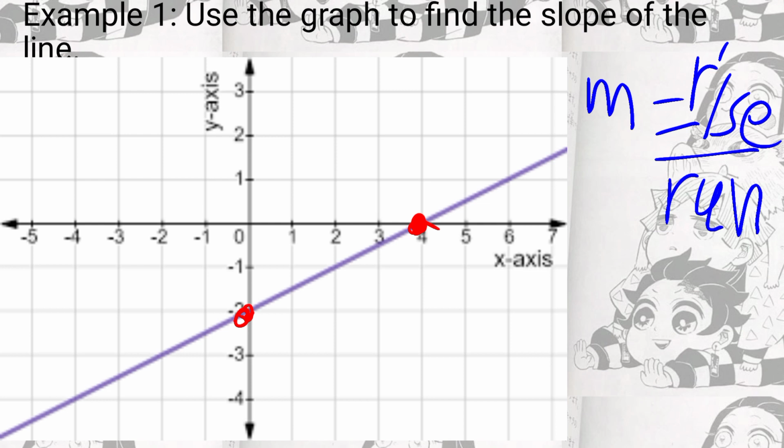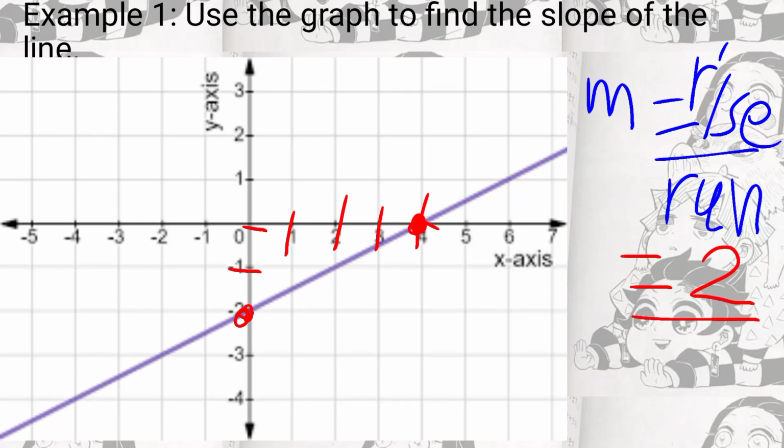Since we're counting the rise, we need to go up. So from this point, -2, we need to count 1 and 2. Therefore, the number of rise is 2 units. And then for the run going to the right, we count 1, 2, 3, and then 4.